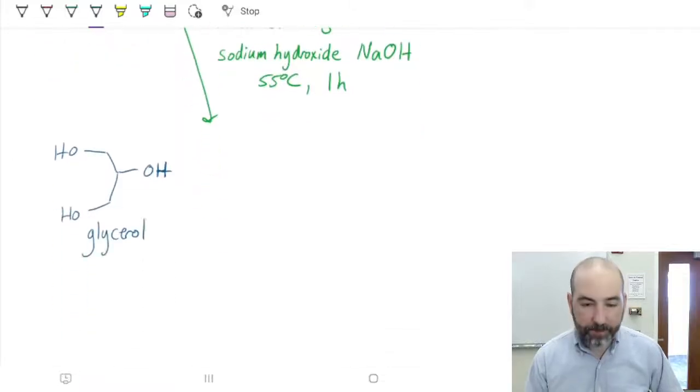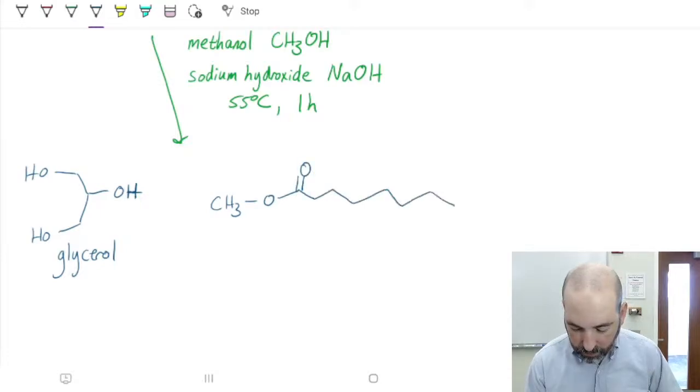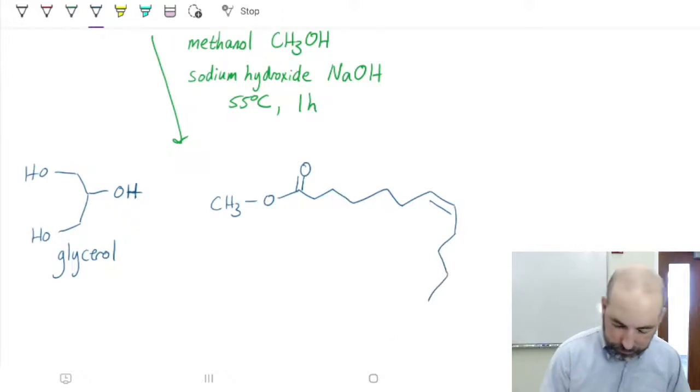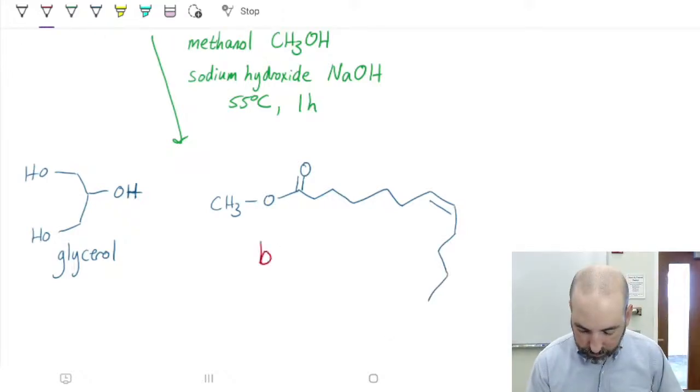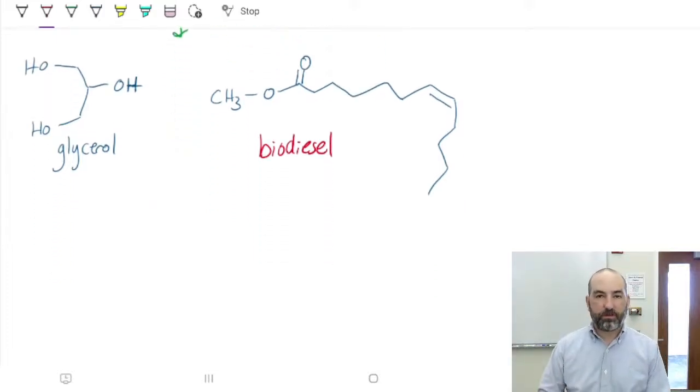We also got biodiesel, which we can show like this. Again, it's going to be a mixture of different compounds, but they're all going to have the same basic structure.